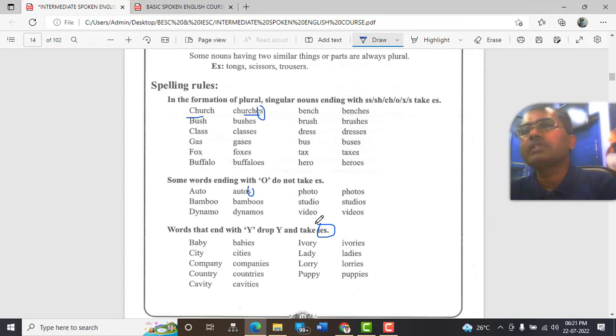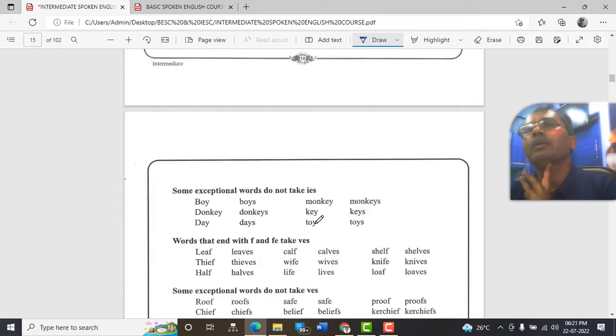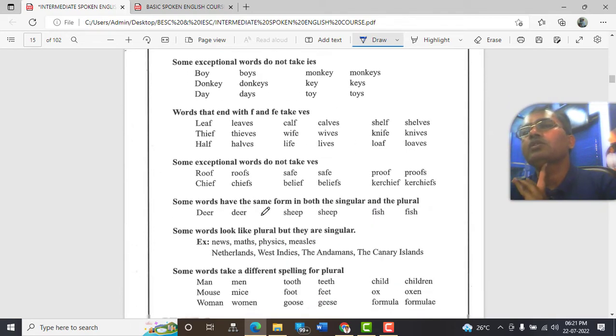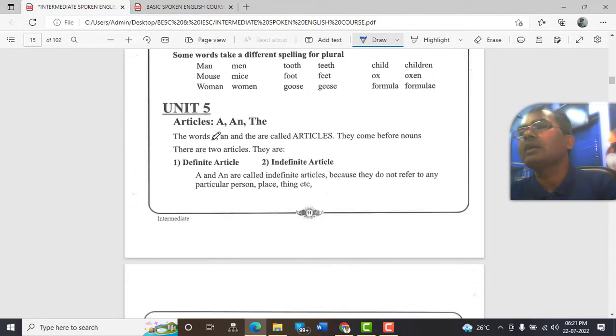We will be emphasizing this even in basic, and then we will also come back to it in advanced level. So after this we'll be going for articles. Whenever we try to frame a sentence, there are certain places where a has to be used, certain places where an has to be used, and certain places where the has to be used. We are going to talk about this.